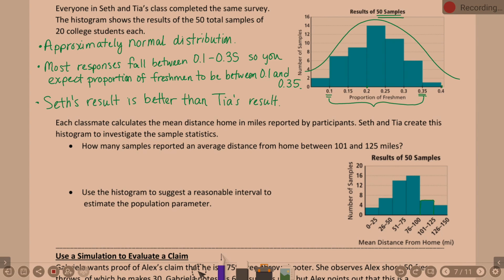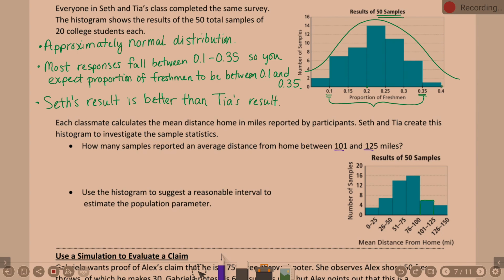How many samples reported an average distance from home between 101 and 125 miles? I'm hearing six or seven. Why? Because you have to go down on the chart where it says 101, go to 125, then look over on your y-axis and see where that lines up.